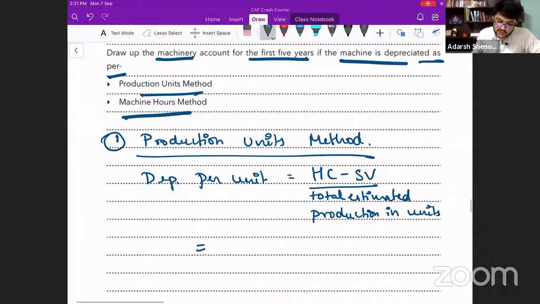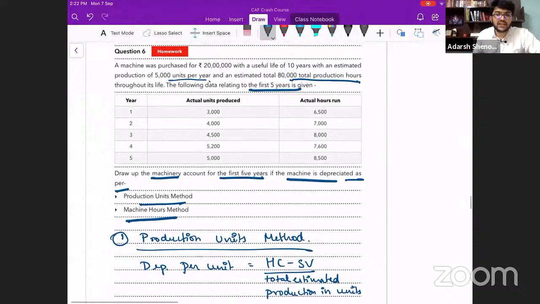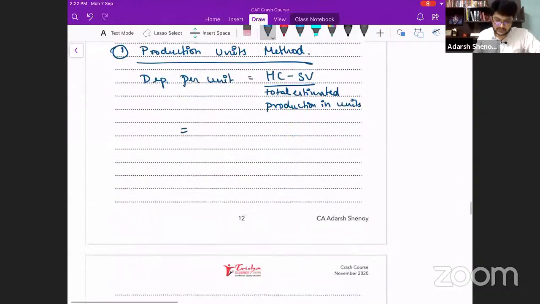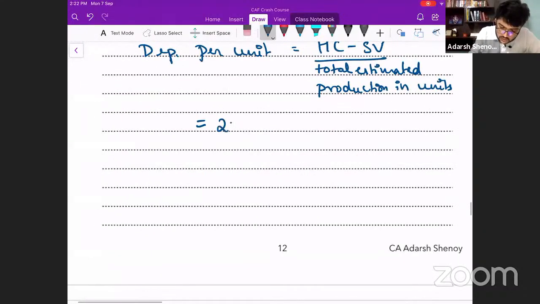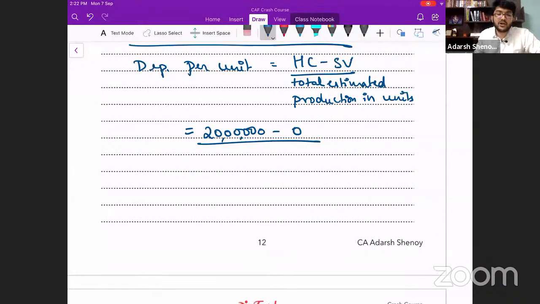How much is the HC in this question? How much is the historical cost of the asset? 20 lakhs. Have they given any scrap value of the asset? No. So if they have not given any scrap value, I will consider it to be 0. So 20 lakh minus 0, divided by total estimated production in units.